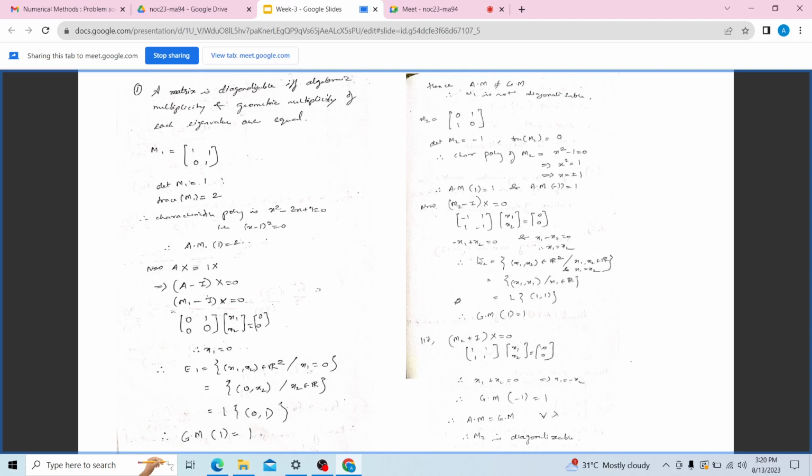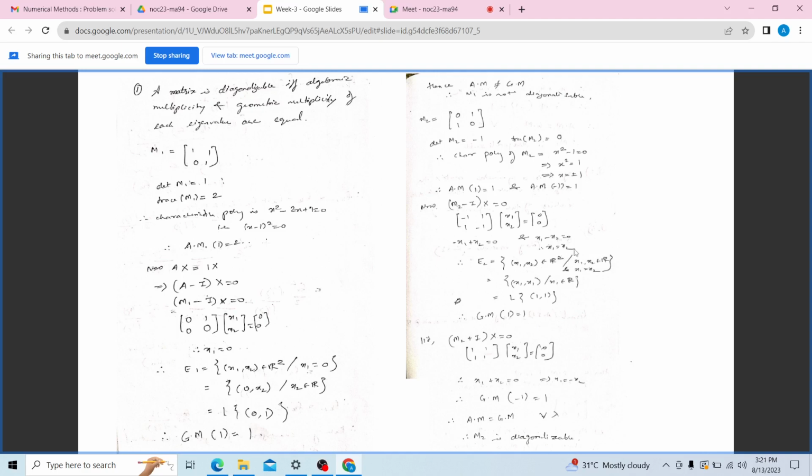Multiplying it with the vector x1, x2 equals 0, 0. Now when you solve it by matrix multiplication, you will get minus x1 plus x2 equals 0, and here you will get x1 minus x2 equals 0. Fine. So you will get x1 equals x2. Now for calculating its eigenvector, consider this set E2 equals the set of x1, x2 belonging to R2, where x1 and x2 are real numbers.